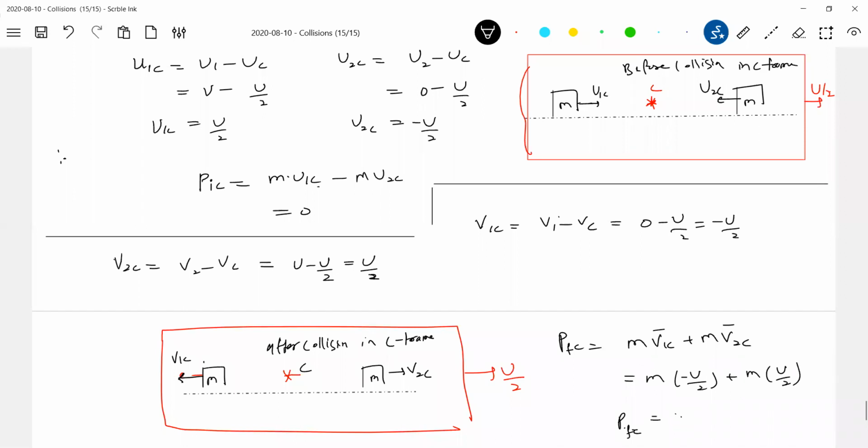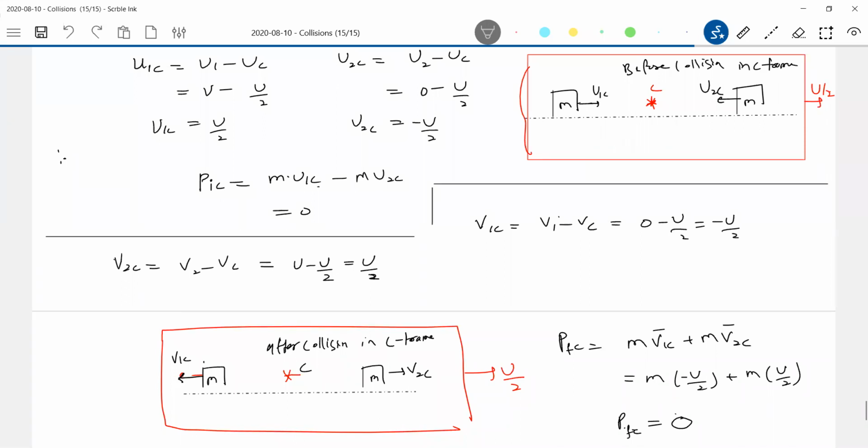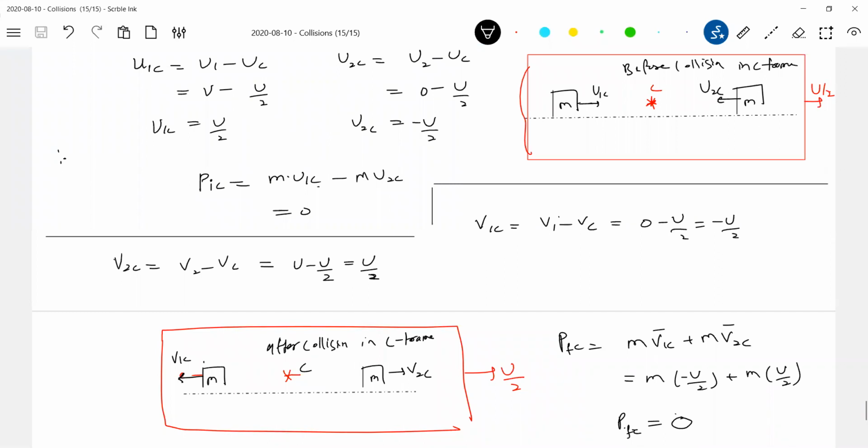When we go for 2 dimensions, you can see that the collisions in lab frame are very lengthy, with a lot of mathematics, very complicated. In C frame, it will be very systematic and very simple. But in our syllabus, maximum we'll discuss problems on lab frame only. The 2-dimensional collision is better to learn in C frame. It'll be much easier than the lab frame. 1-dimensional collision, lab frame is advisable.